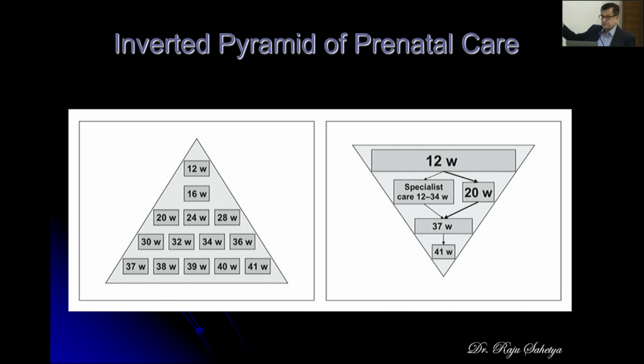Only those in screening who are found to be at high risk are going to deserve specialist care, otherwise the same pattern is followed. So this is the new era and the pyramid shift of prenatal care.